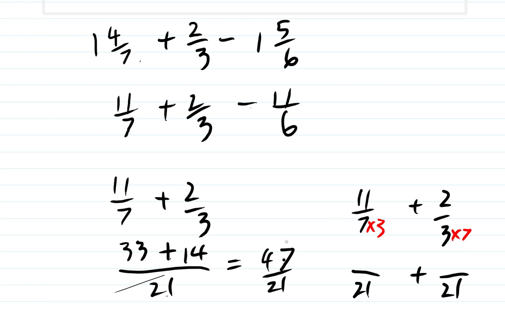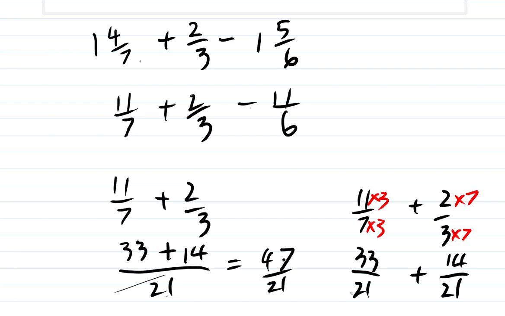However, note, if you multiply the denominator by 3, you must multiply the numerator by 3 as well. Alright? And you know why? It's because you want to maintain the same value of the fraction. It's just that it's going to look a bit different from how it originally was. So, 11 times 3 is 33, plus, if you multiply up here by 7, then 2 times 7 is 14.